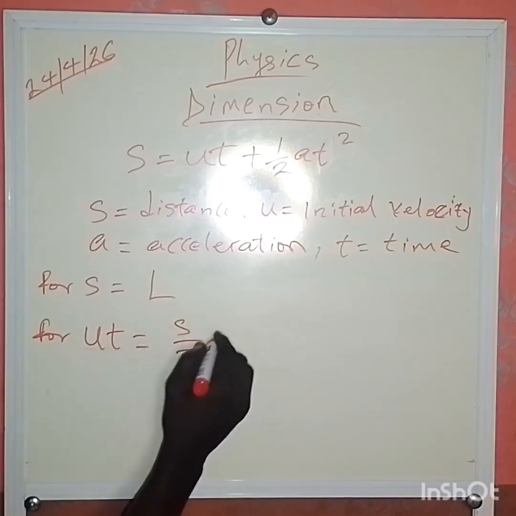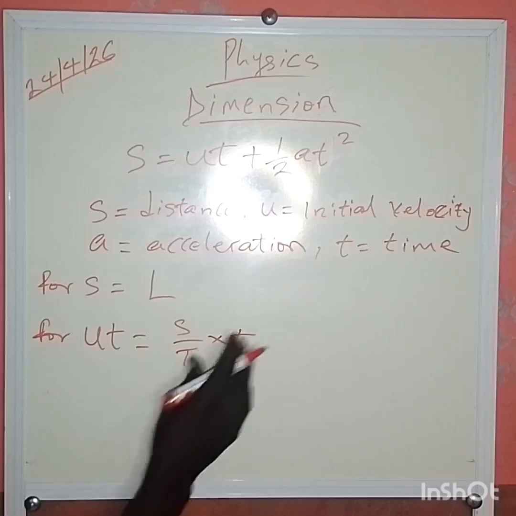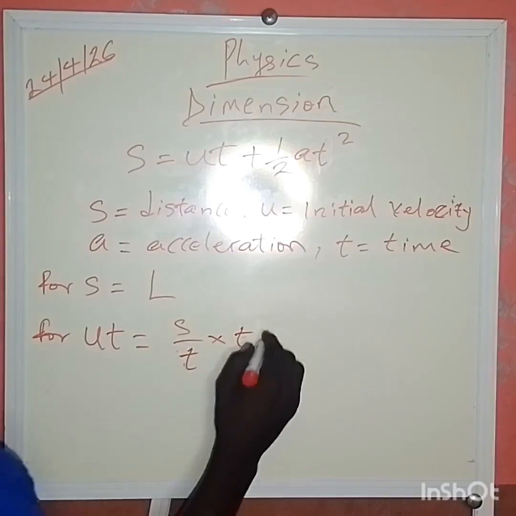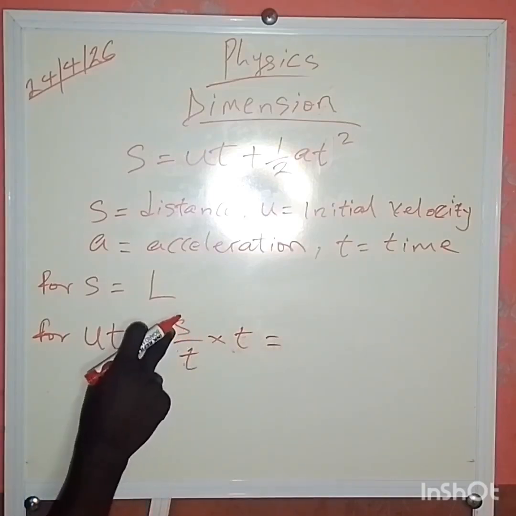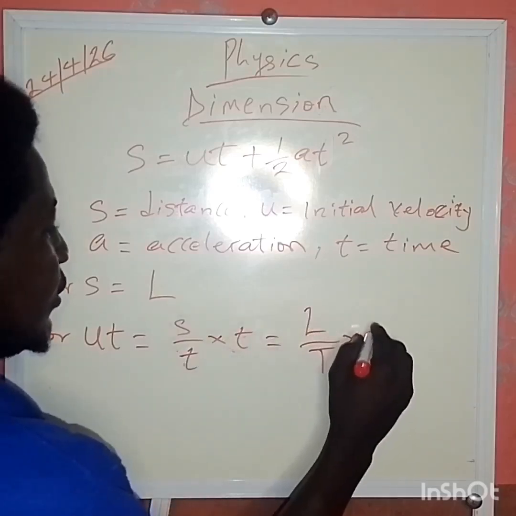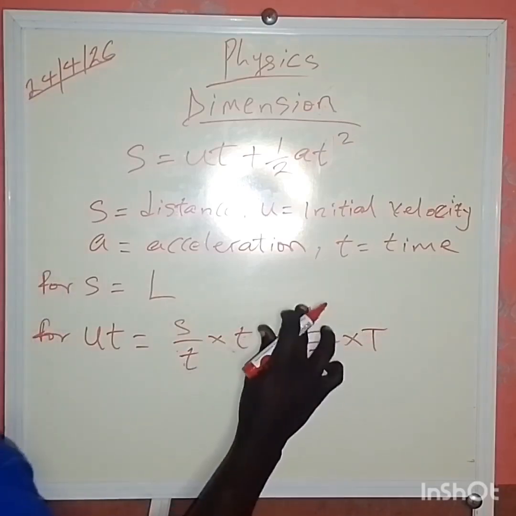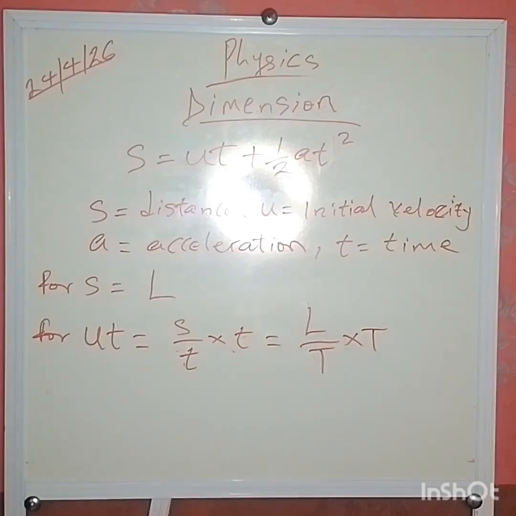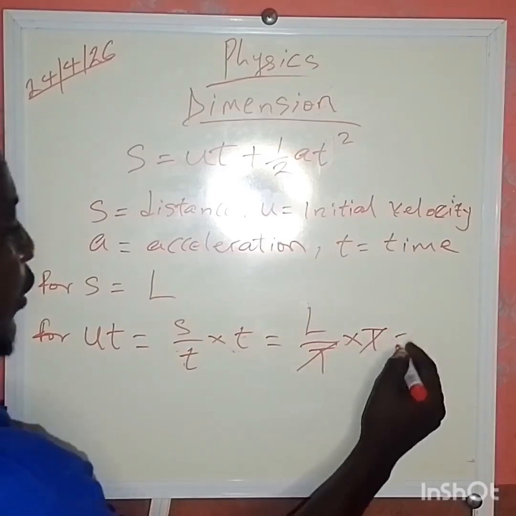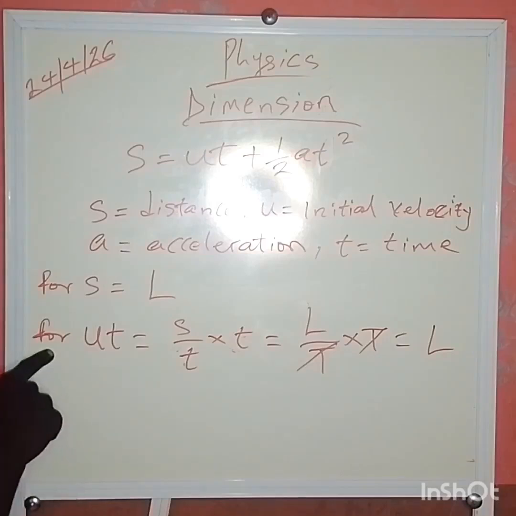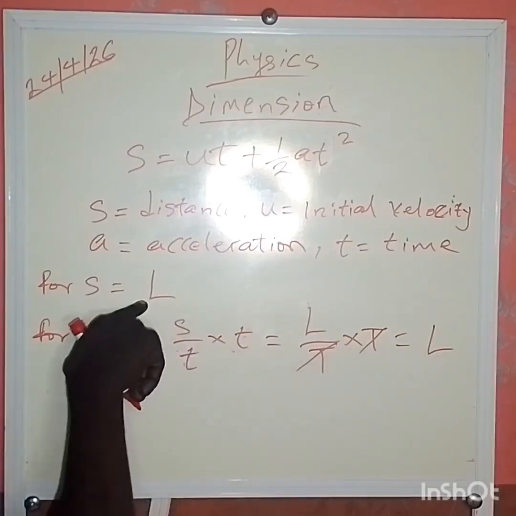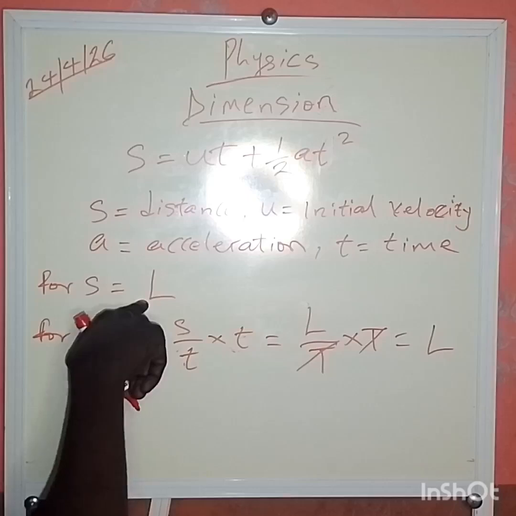We also have time here multiplied by T. So distance over time: since the dimension of distance is L, we have L over T multiplied by T. We cancel this T, and we have L. So the dimension of UT is also L, which is the same as the dimension of distance that we have here.